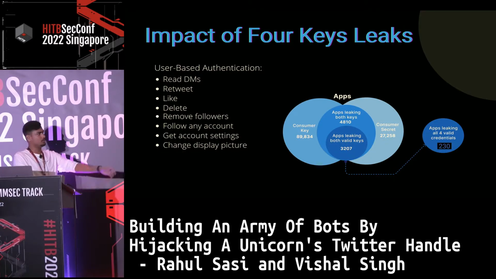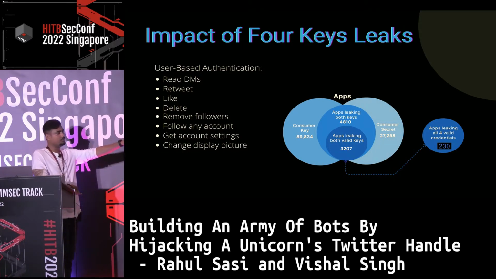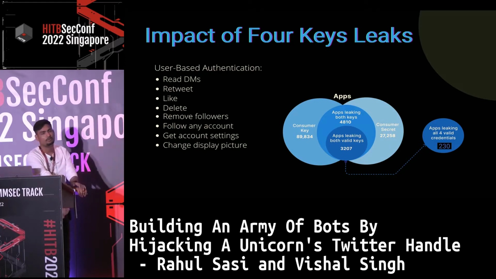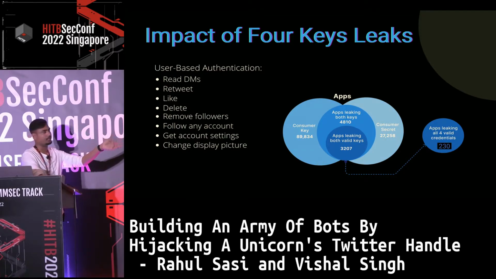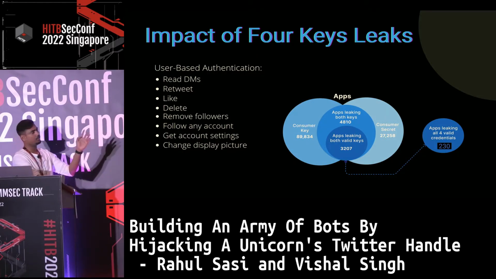So these are the apps. First we got these many hits, 89k and 27k for the consumer key and the consumer secret. Then we filtered out how many keys are valid from these which are leaking at the app or the company itself. We did the automation for that, and we found there were apps leaking both keys, more than 4k.